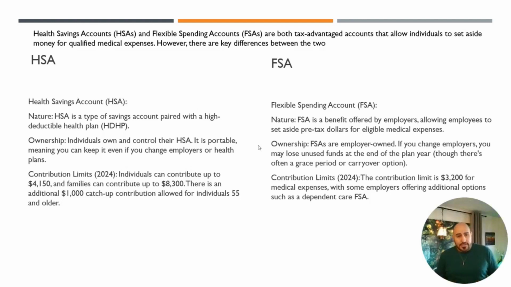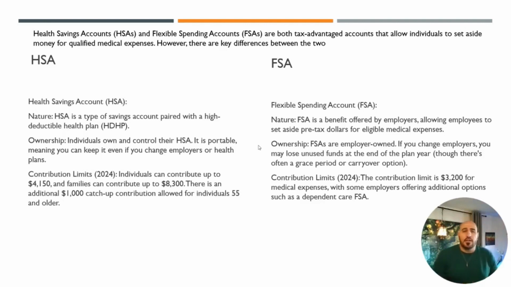Now, there are differences between the two, and you might be eligible for one but not the other. It depends on the health care plan that you choose. So usually the high deductible one does get the HSA but not FSA. The low deductible one, which is usually the one that has copays, is the one with FSA.